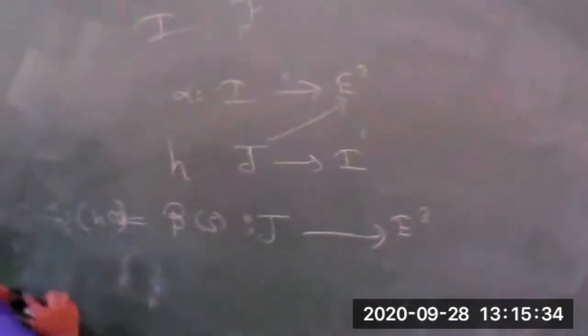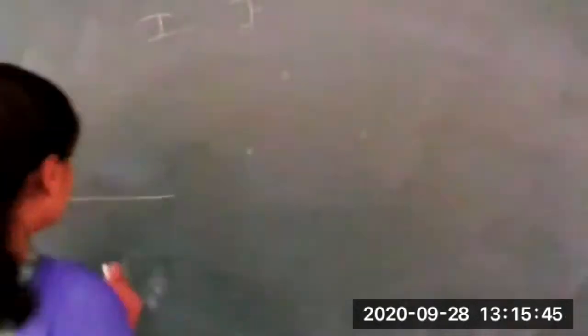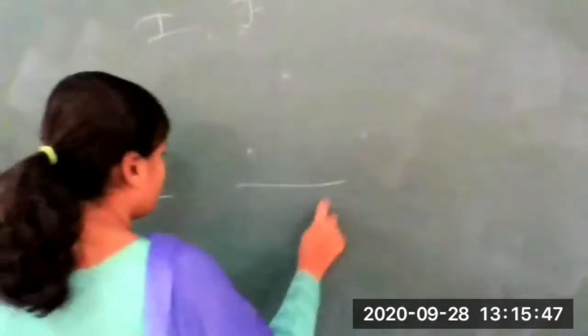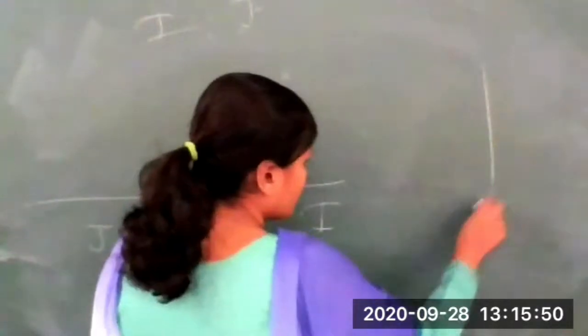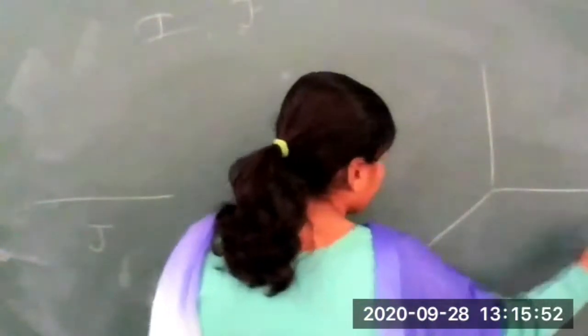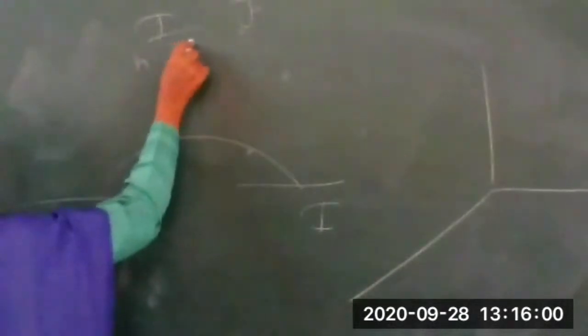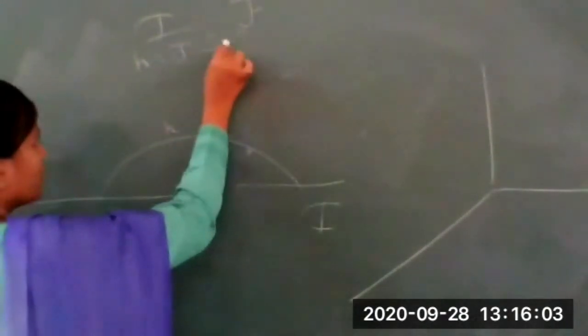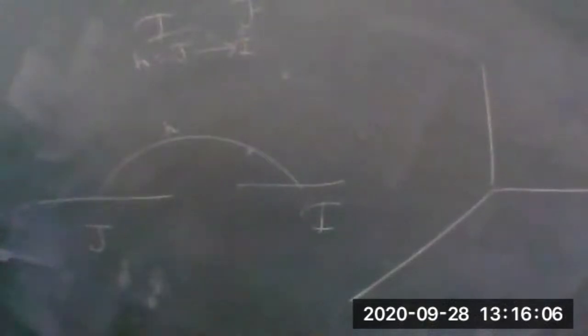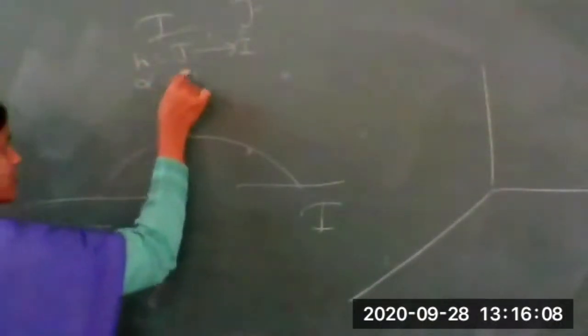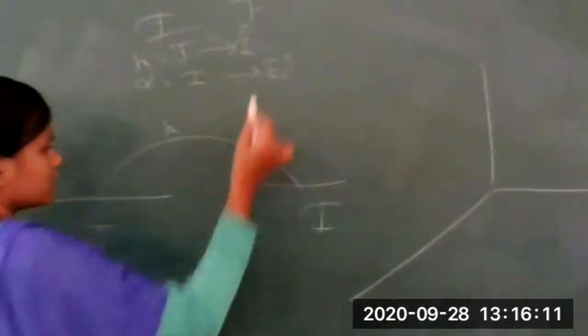Correct? So let us now see what a reparameterization is. Initially we have an interval, say J, and here is some interval I. And here will be some E3 space. What is h? h is a function from J to the open interval I. What is your curve alpha? Alpha is a function from the open interval I to E3 space.